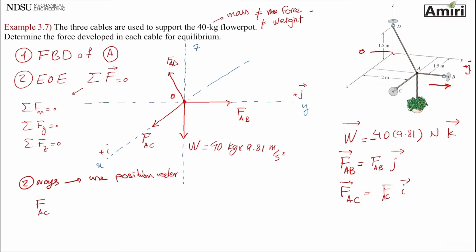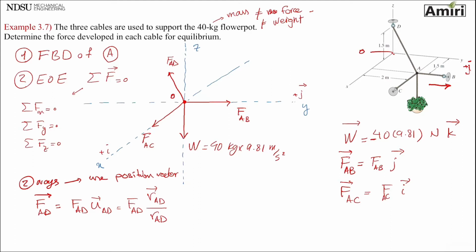FAD as a vector equals FAD. How would you transfer a magnitude into a vector? That's right, unit vector of AD. So it will be FAD times position vector AD divided by magnitude of AD. So this is one way.